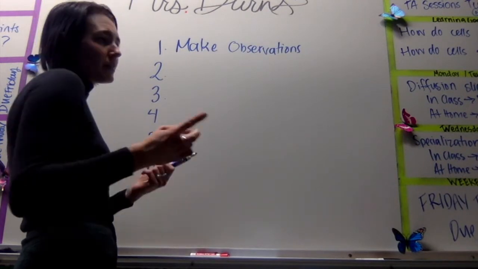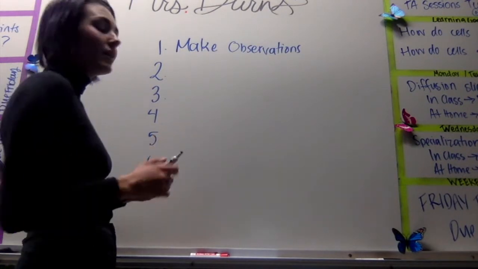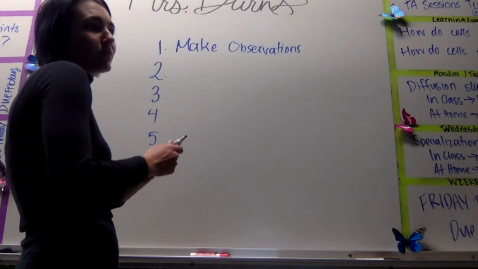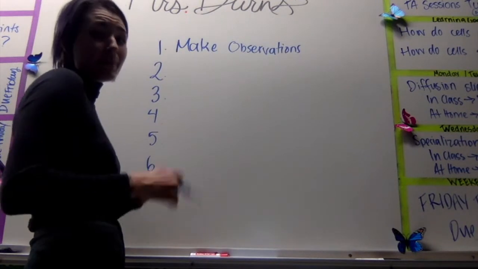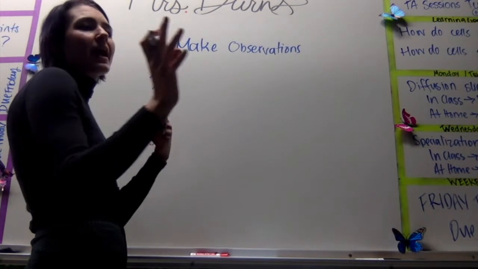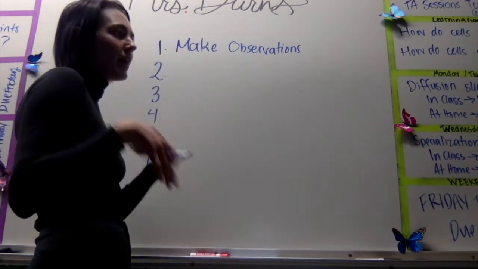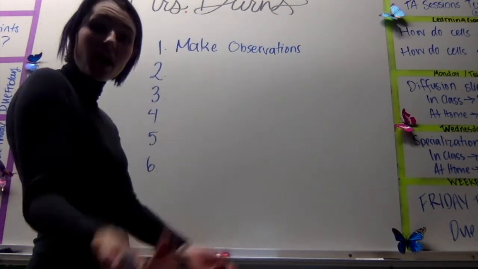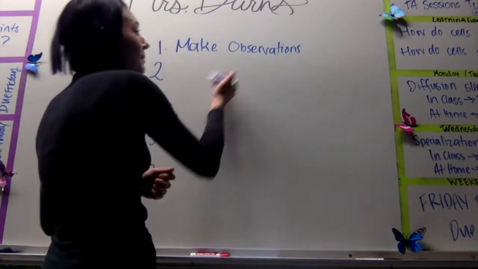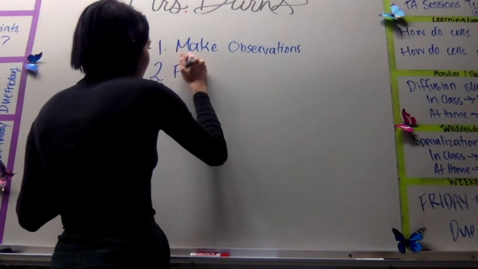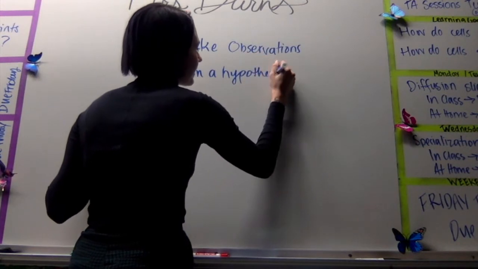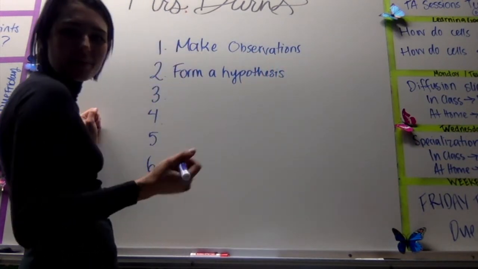So then your hypothesis for the one that you created could be, if I'm doing an experiment on really, really cold water and really, really hot water, based off of my observations, my hypothesis would say if I have hot water and cold water, then the diffusion will be faster in the hot water than the cold water, because you're forming a hypothesis made off of your observations. So form a hypothesis. This is your educated guess of what you think is going to happen.